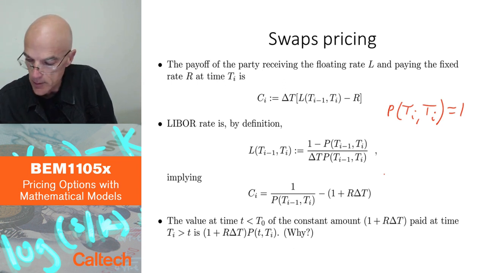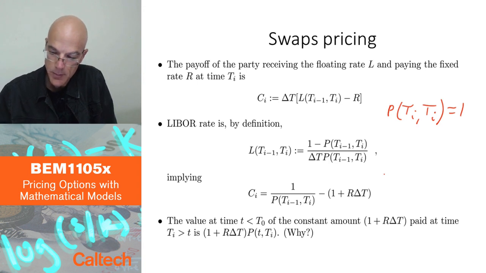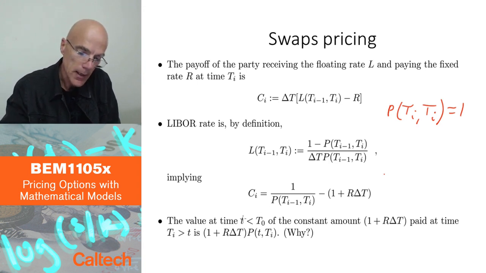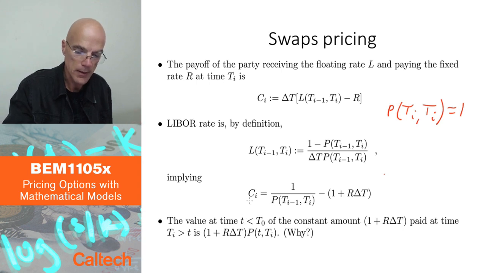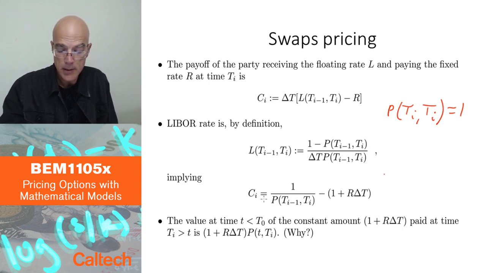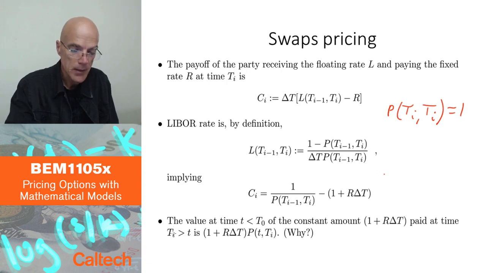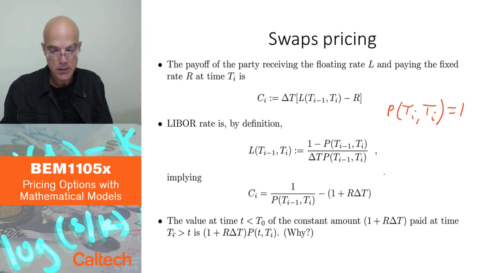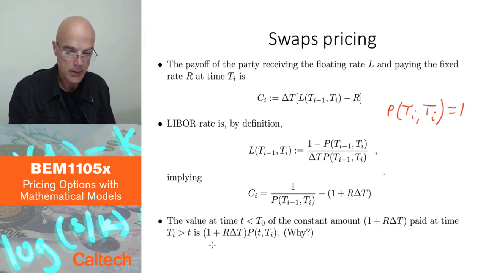So that's the assumption, that the first payment is at t0, and I'm computing the price at small t, before the swap started paying payments, and this amount is paid at time ti. So what is the price? Well, the claim here is that the price is simply that amount, 1 plus R delta t, times the price of the corresponding bond that matures at ti, pays $1, and is priced at time t.